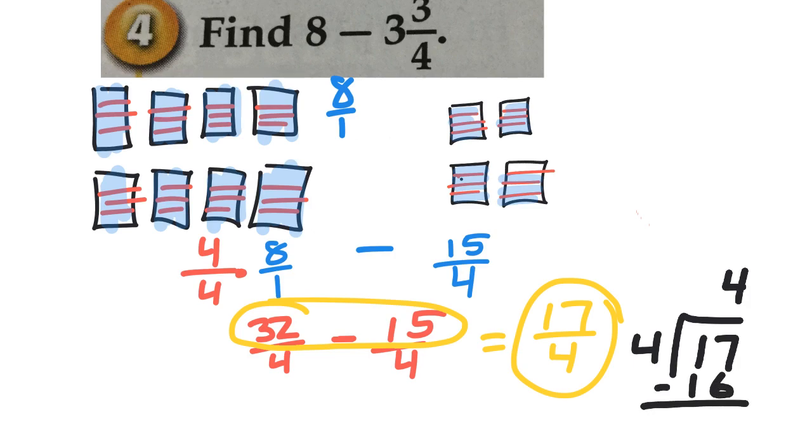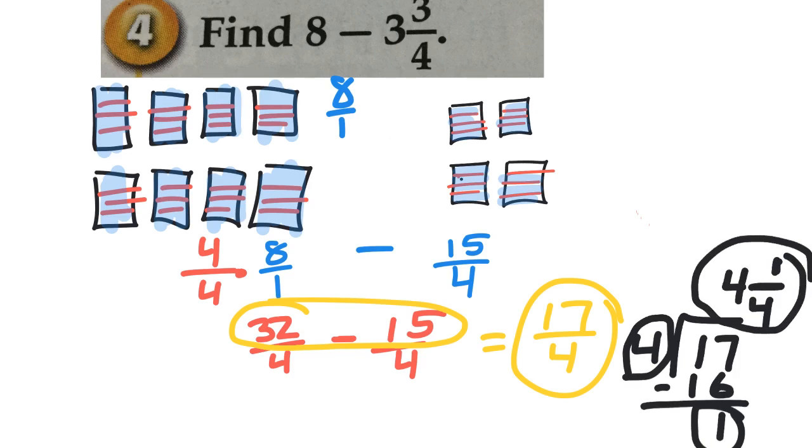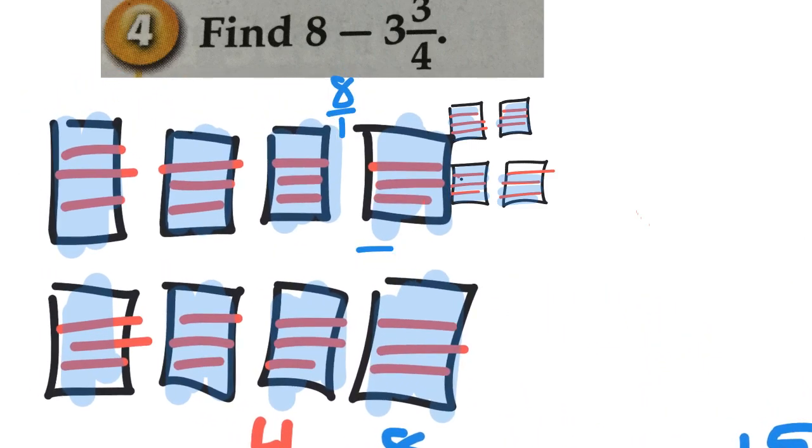We subtract, we get a remainder of 1. So now here's how a mixed number is formed. The remainder is my numerator. And that's put over the number I was dividing by, which is 4. So 17 over 4 is the same thing as 4 and 1/4. So that would be the mixed number representation.